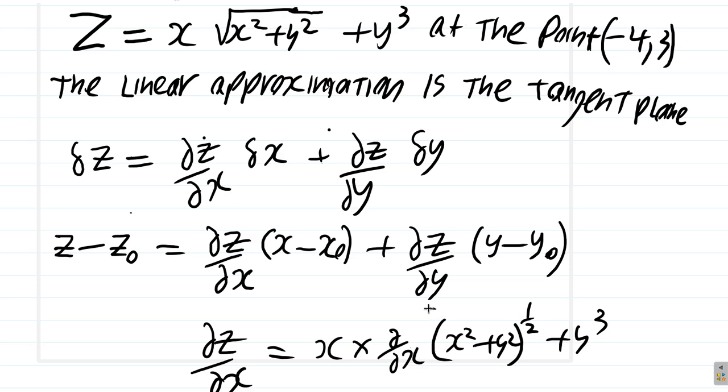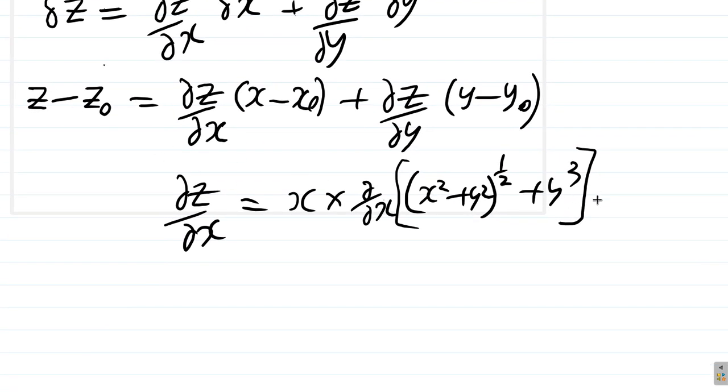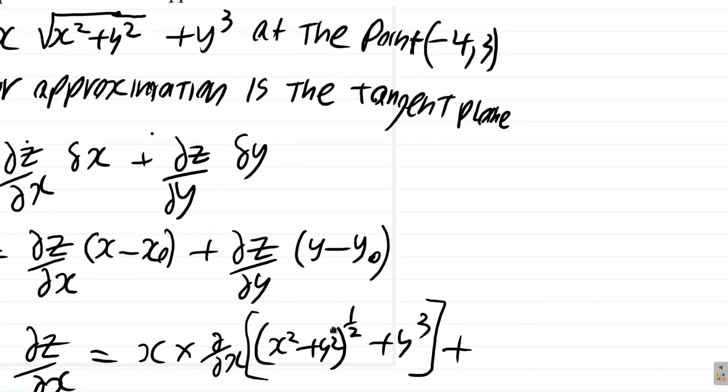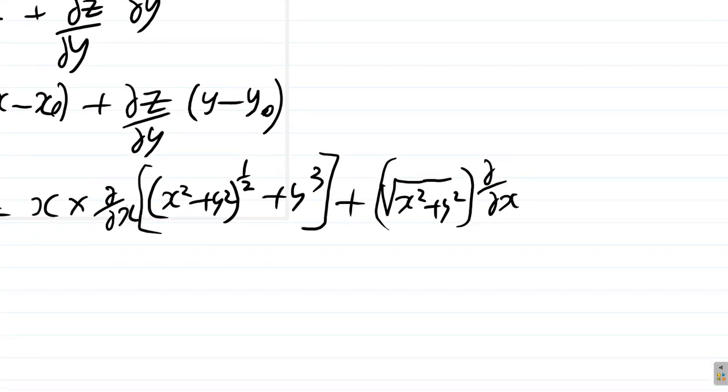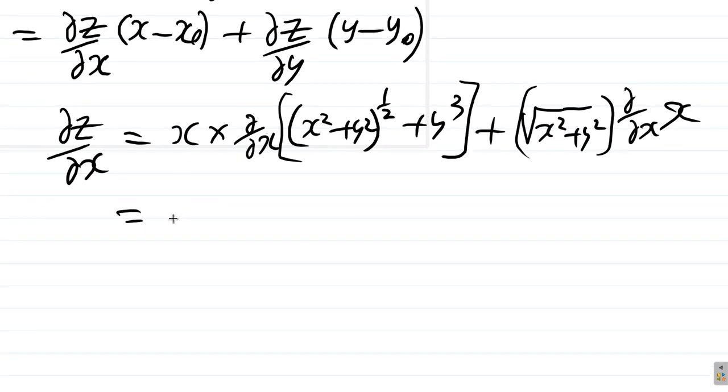We differentiate all of this with respect to x, plus, after that, you hold the square root of x squared plus y squared as it is, times partial by partial x of x. So it's going to be x times, when you differentiate y cubed with respect to x it is 0, because we're considering y as just a constant.